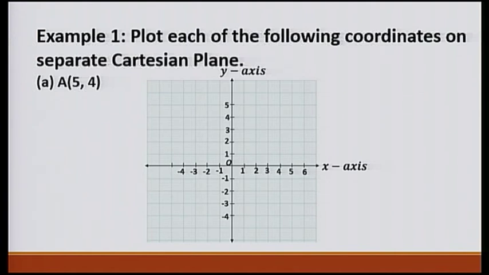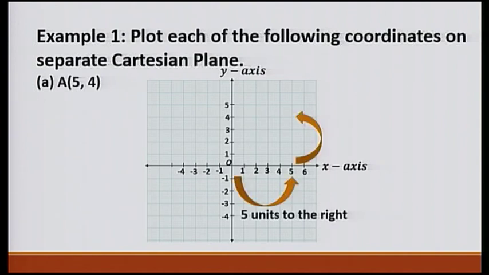Plot each of the following coordinates on a separate Cartesian plane. Part A. The point A has coordinates (5, 4). Let's plot the point A. 5 units to the right, 4 units up.